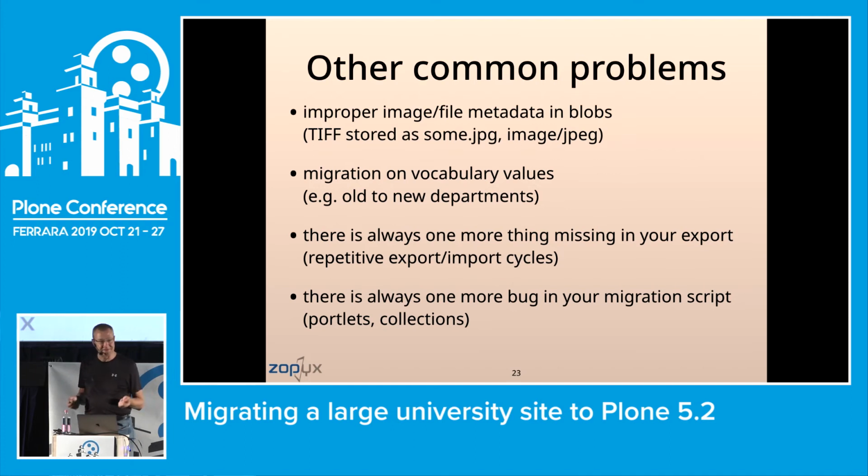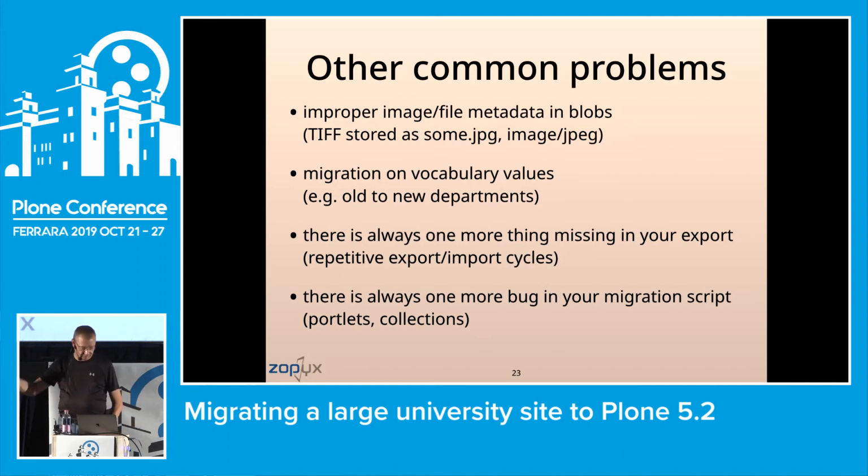Then Pillow was confused, doing some fancy or nested things. Then in many cases we had to deal with old values, for example in vocabularies containing department names or department numbers, and these vocabularies change. For example, a department goes away or gets a new name, so we had to deal with that and replace non-existing vocabulary values with new values.